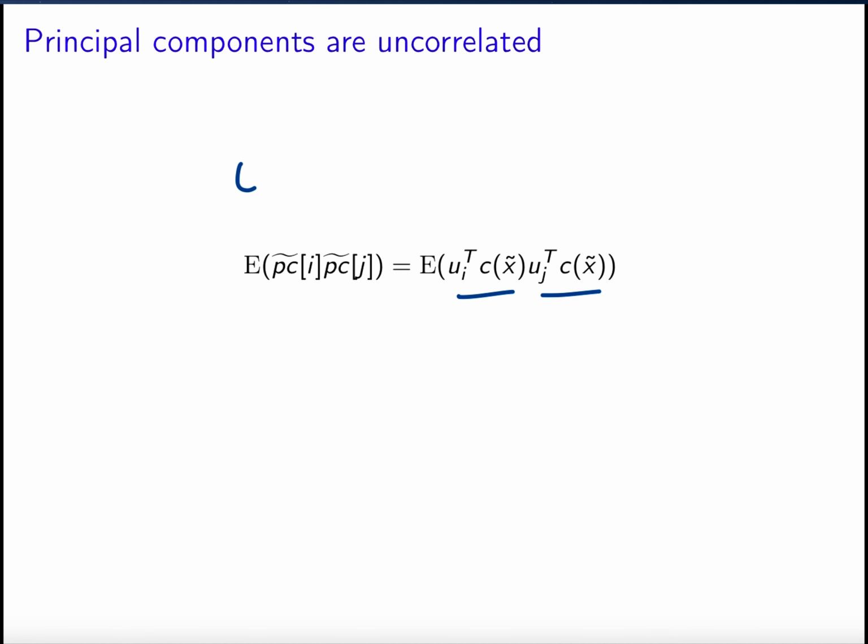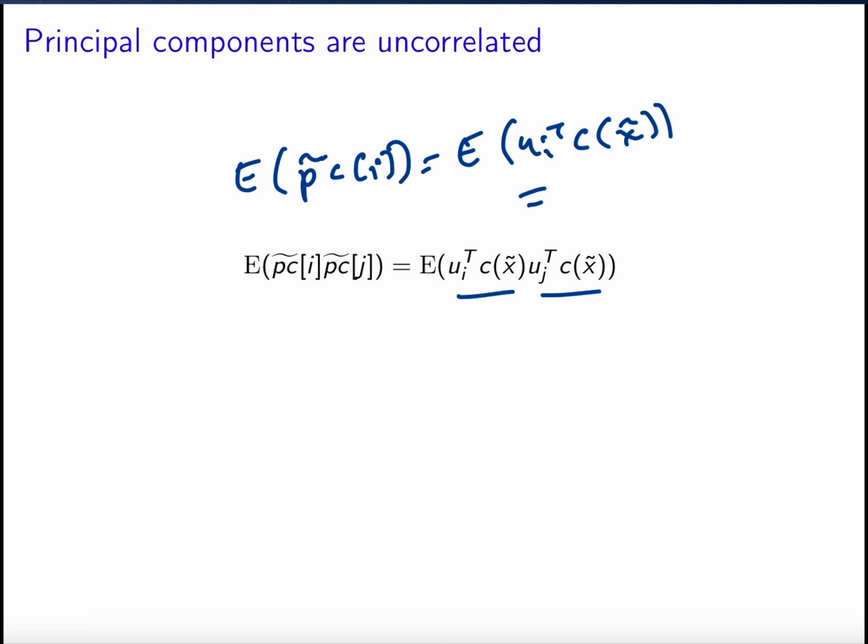Like if you look at E of one of the principal components, this is the expected value of ui transpose times the centered random vector, which by linearity is equal to ui transpose the expected value of the centered random vector, but this is centered, so this is just equal to all zeros. Okay, so because the mean is 0, when we're considering the covariance between the two principal components, we can just take the expected value of their product.